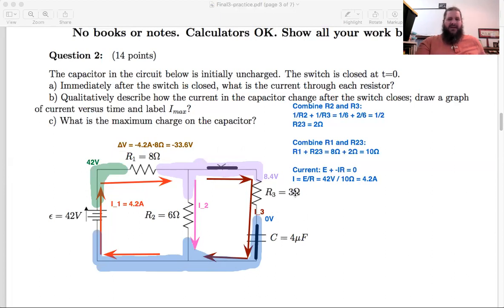Divide that by 3, and that tells you the current. And also for resistor 2, we know we're starting at 8.4 and ending at 0. So that same delta voltage, because they're in parallel, divided by 6 ohms tells you the current through resistor 2. So that'll be the current in each part of the circuit.